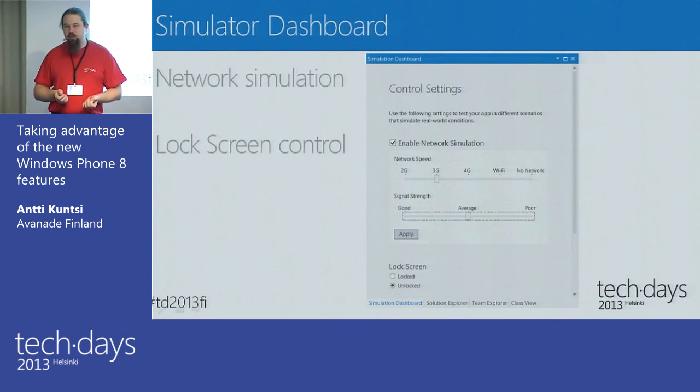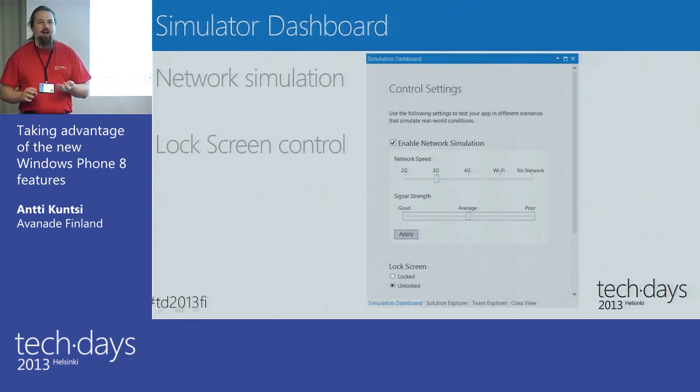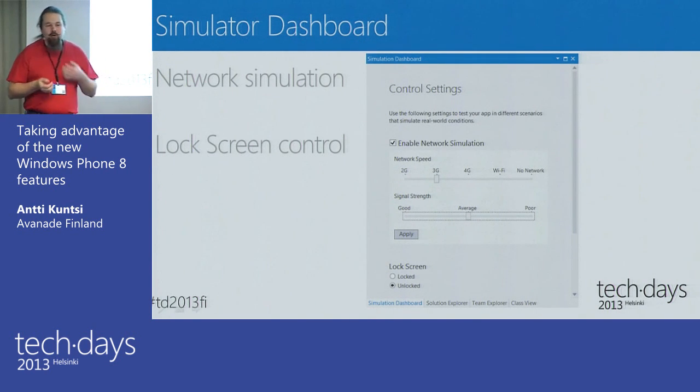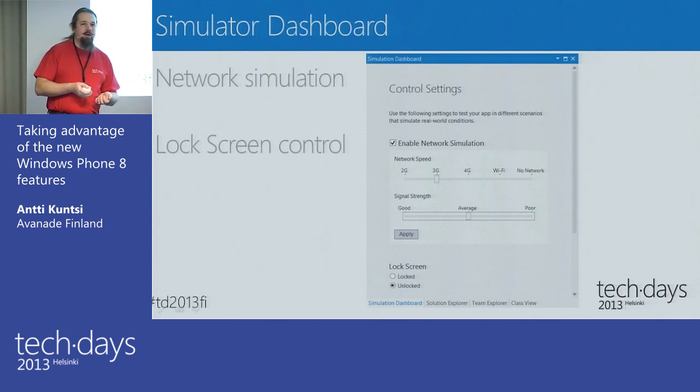That's often been a concern when developing applications that are heavy on data downloads. They are typically developed on wireless LAN. Even when you are using a phone as a debug agent, you're still connected through wireless LAN, and you don't get the real-world experience when you're debugging. Using the network simulation, you can slow down the network on your emulator and figure out how your application reacts when it's slow and laggy.